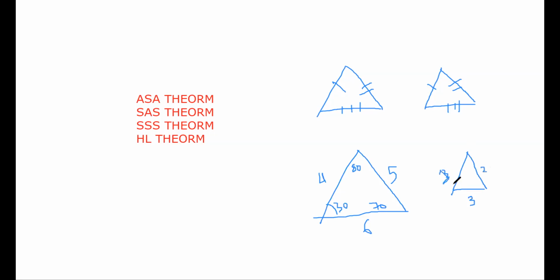Then you measure the angles and you find them to be 30, 70, and 80. You will find that the three angles are congruent in both triangles. But are the two triangles congruent? Of course not, because this is 4 centimeters, this is 1, this is 5, this is 2, this is 6, this is 3.